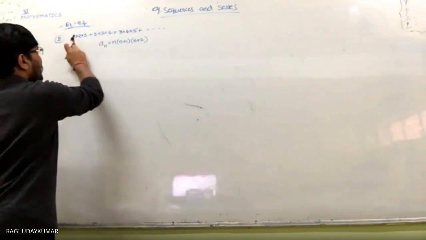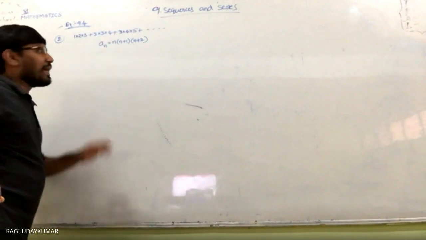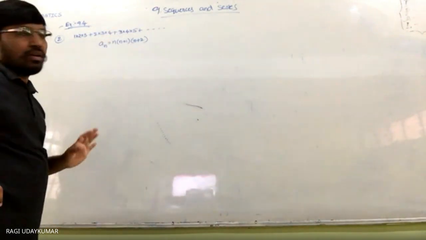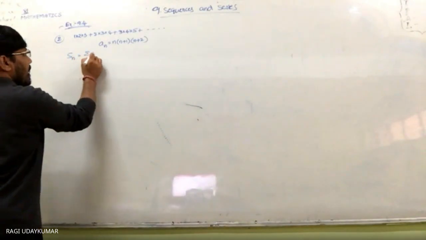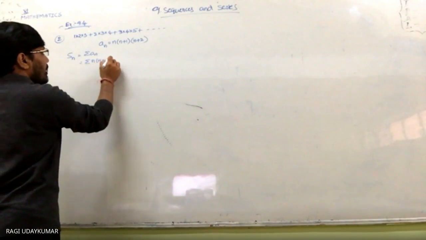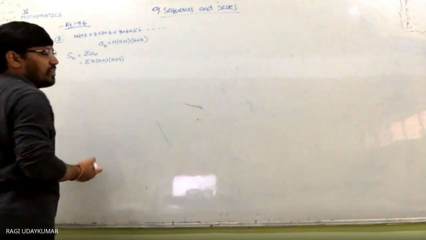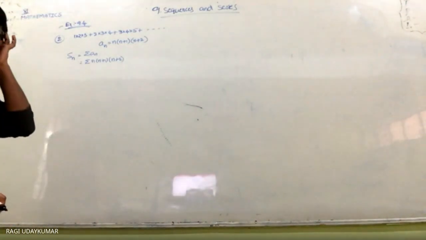For the first term a1, so 1 into 2 into 3. Second term means 2 into 3 into 4. So like that, Sn equals sigma a, which equals sigma n into n plus 1 into n plus 2. We have to multiply n into n plus 1 into n plus 2.